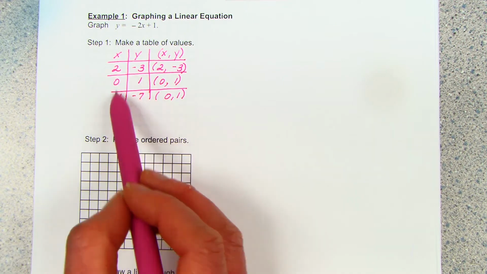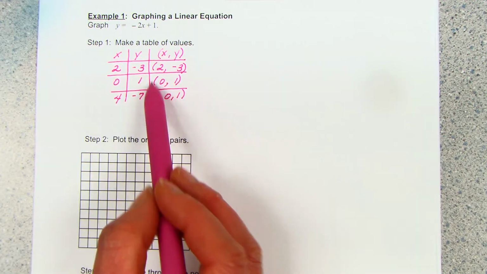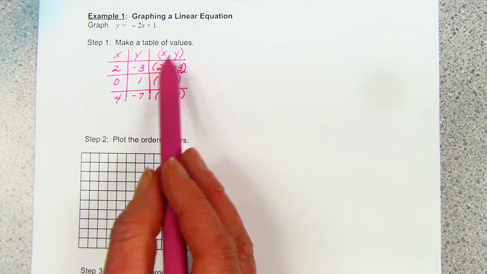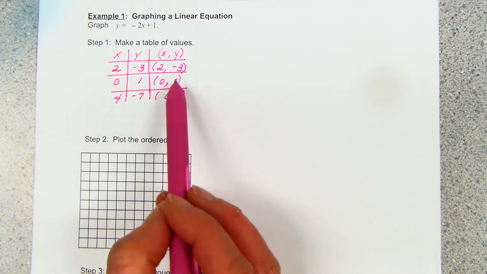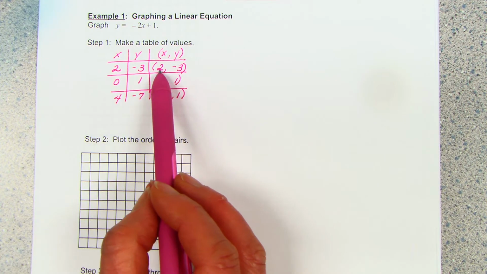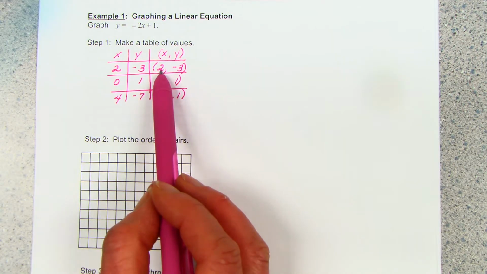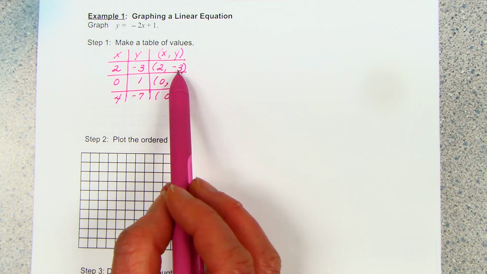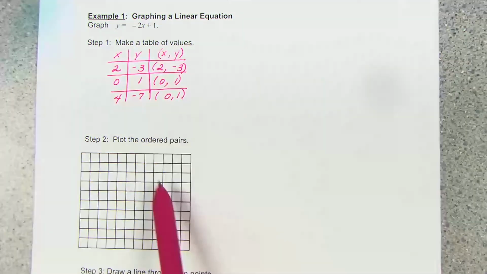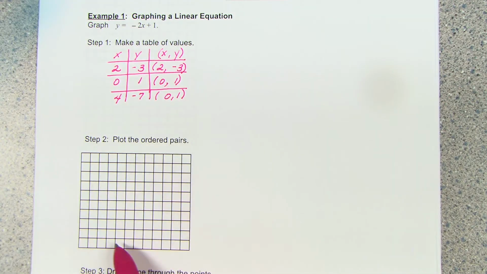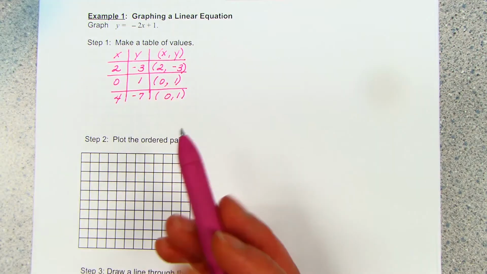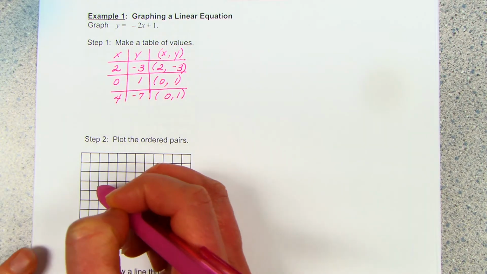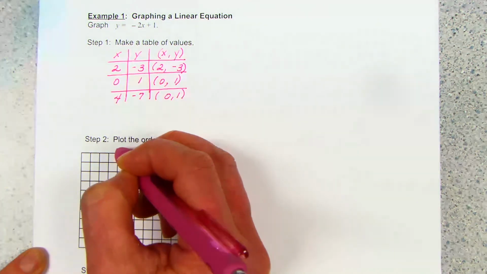So depending on what numbers you've chosen here, these ordered pairs will be a little different. So I can look at these and I can see that I've got some positive x's and there's a negative y. And so I think that I need to draw my axis in the fourth quadrant.